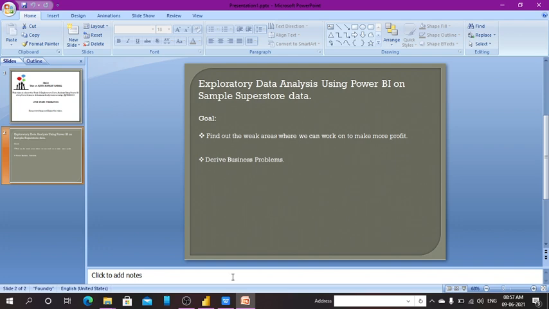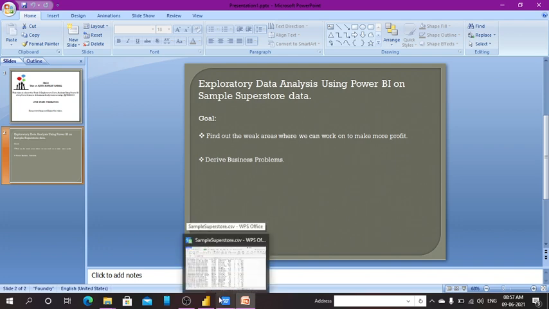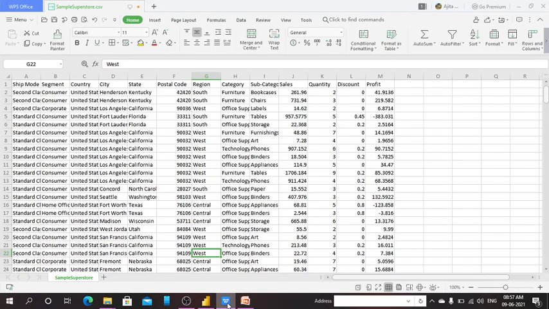We have the Sample Superstore data in CSV format, and the columns are ship mode, segment, country, city, state, postal code, region, category, subcategory, sales, quantity, discount and profit.